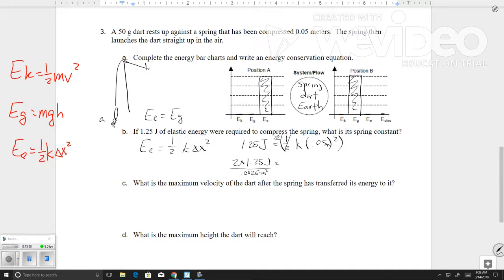All right. And that's going to equal k times 0.0025 meters squared over 0.0025 meters squared. And that will cancel. And if I do this math, then k will equal 1,000 newtons per meter.